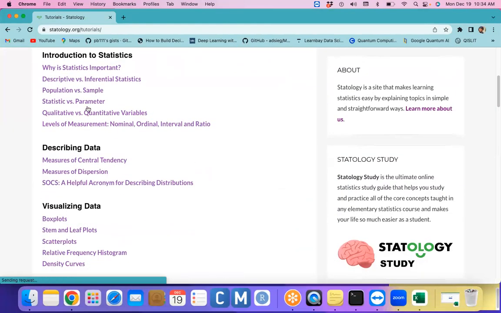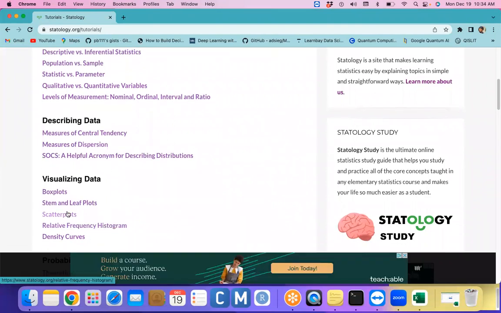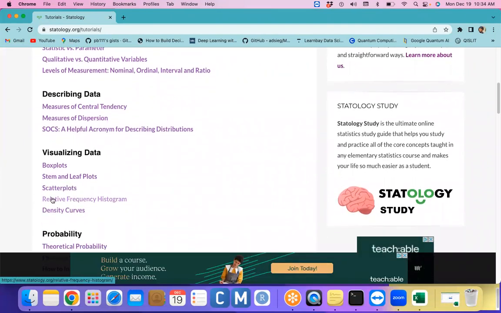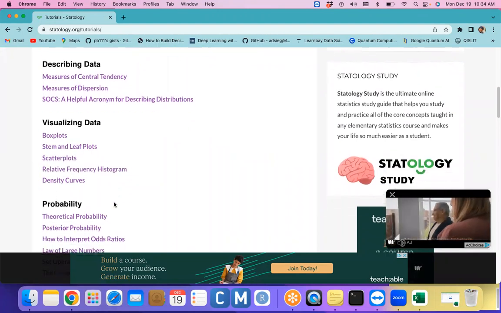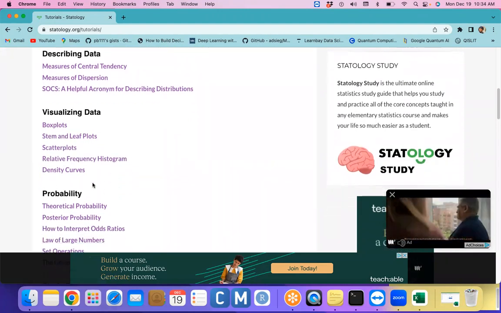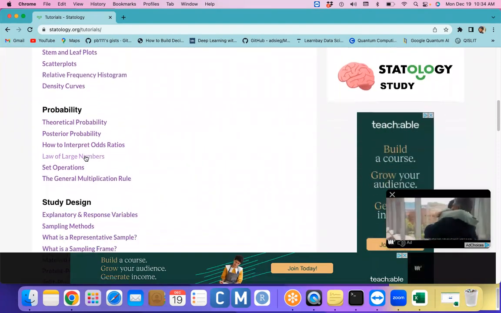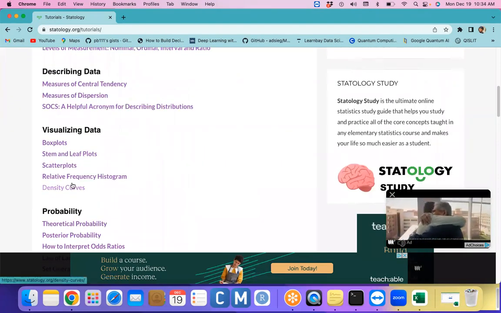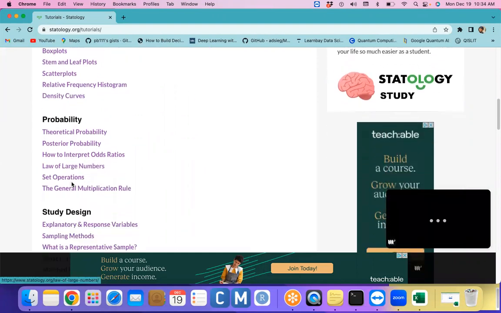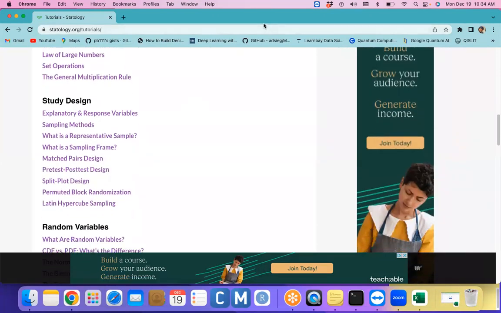We were on the box plot, and in tomorrow's session we'll talk about stem and leaf plots, scatter plots, relative frequency functions and density functions as well. Tomorrow we'll finish these visualization concepts. The same things you might also be able to get in Tableau or Power BI. Okay guys, bye, take care.